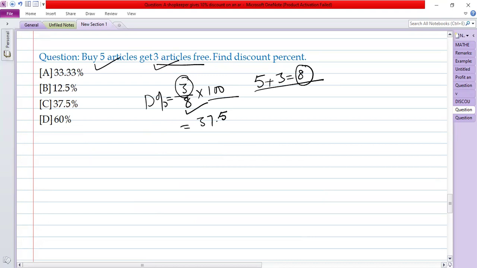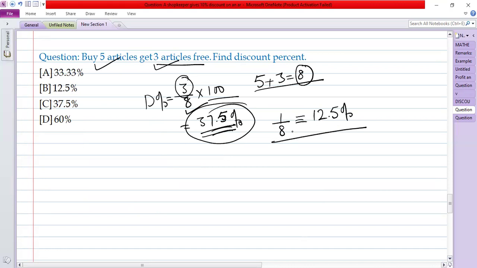37.5%. Okay, 37.5%. Actually, some percentages we should have in simple practice. 1 by 8 is equivalent to 12.5%. And if it is 3 by 8, then obviously this will be 12.5% into 3.